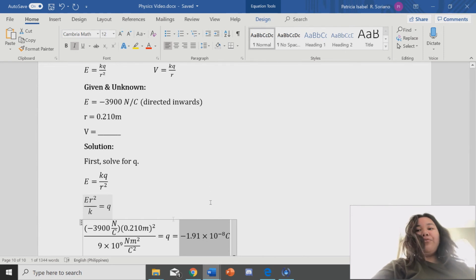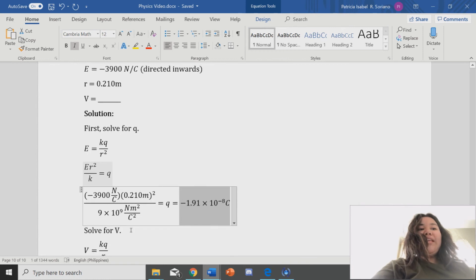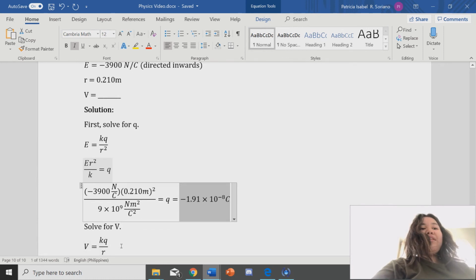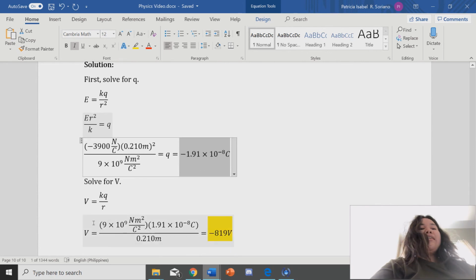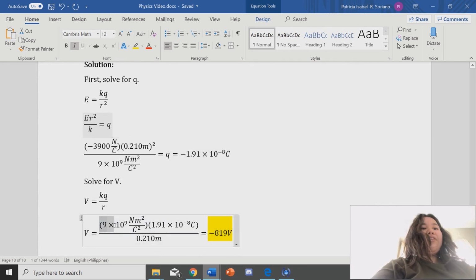So that's our Q now, and we can now use that to solve for V with the formula V is equal to KQ over R. So let's just directly substitute everything like this. Again, this is our proportionality constant, 9 times 10 raised to 9.